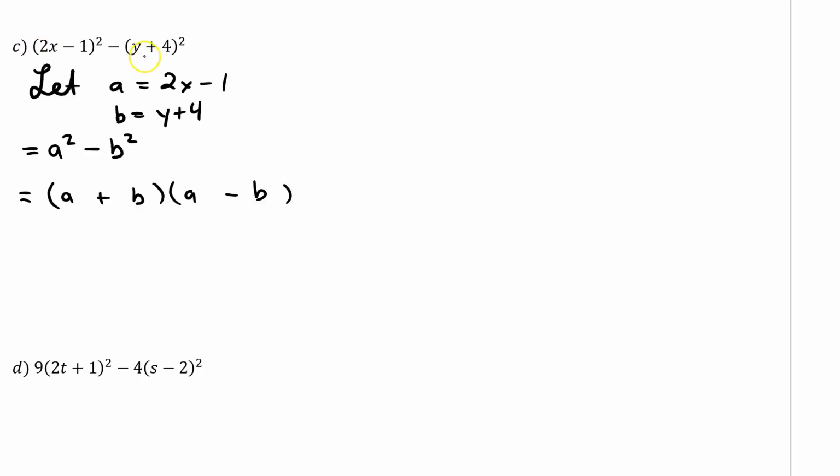But since the question is stated with x's and y's, the answer should also be. So we want to sub back. Okay, this right here is not a mathematical statement at all. It's just kind of a helpful little note.